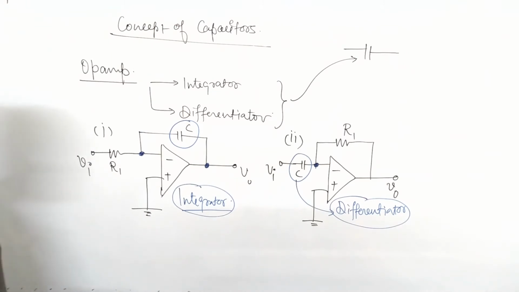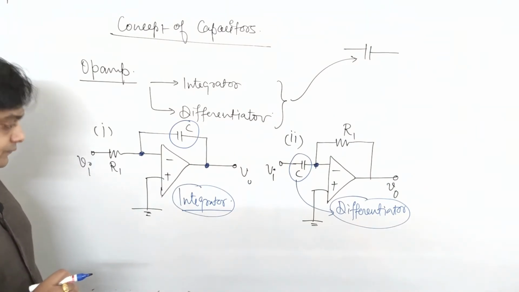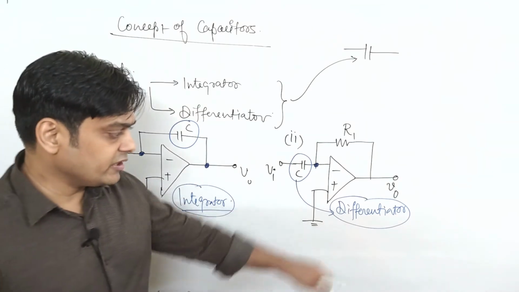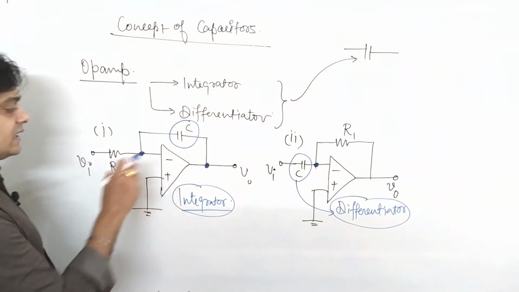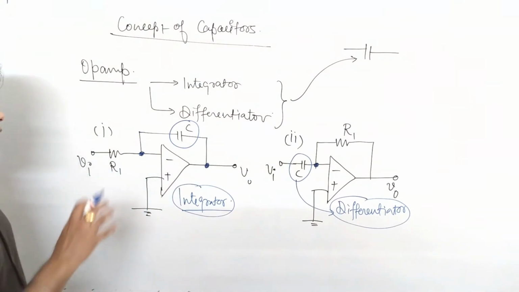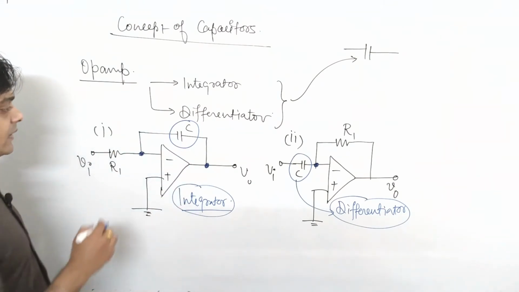Low pass filter means it passes the lower frequencies. Similarly, this differentiator behaves like a high pass filter. There are a lot of applications of low pass filters in your EDC and ADC. That's why the integrator is mainly used, and most of the problems you will see are based on this type of configuration.